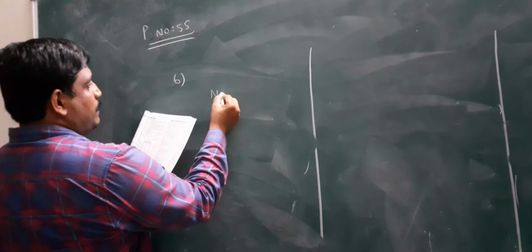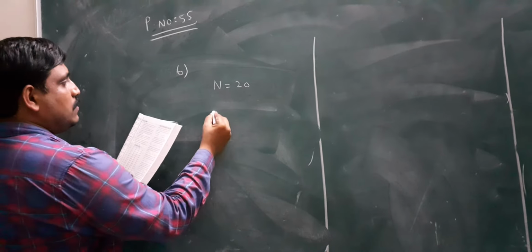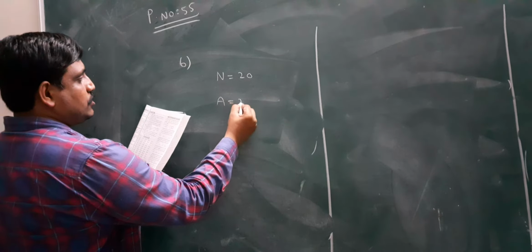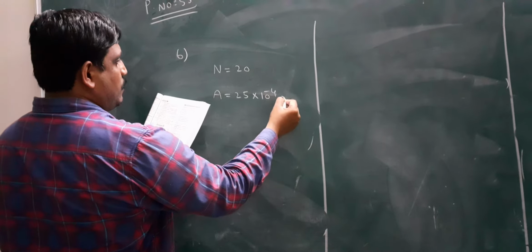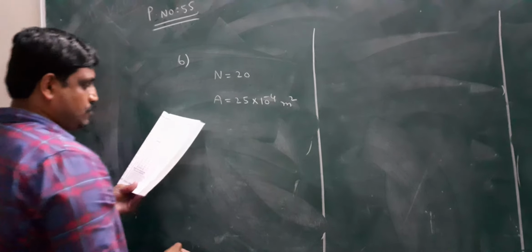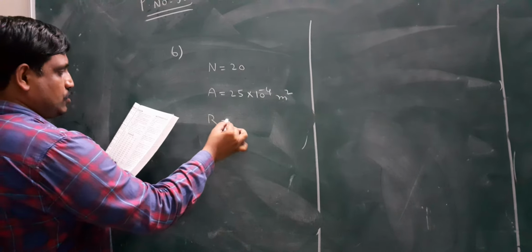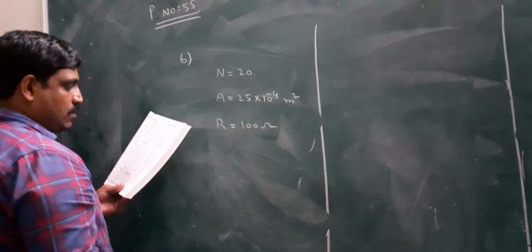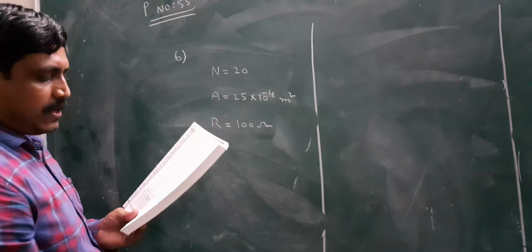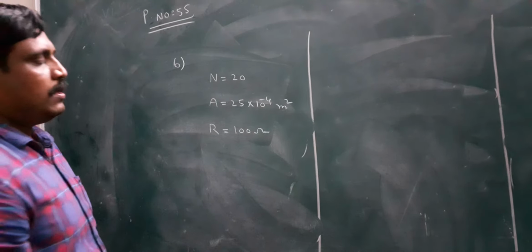A coil has number of turns 20. The area of cross section is 25 × 10^-4 m². Here the resistance is given as 100 ohm. Here the magnetic field is perpendicular to the plane of the coil.